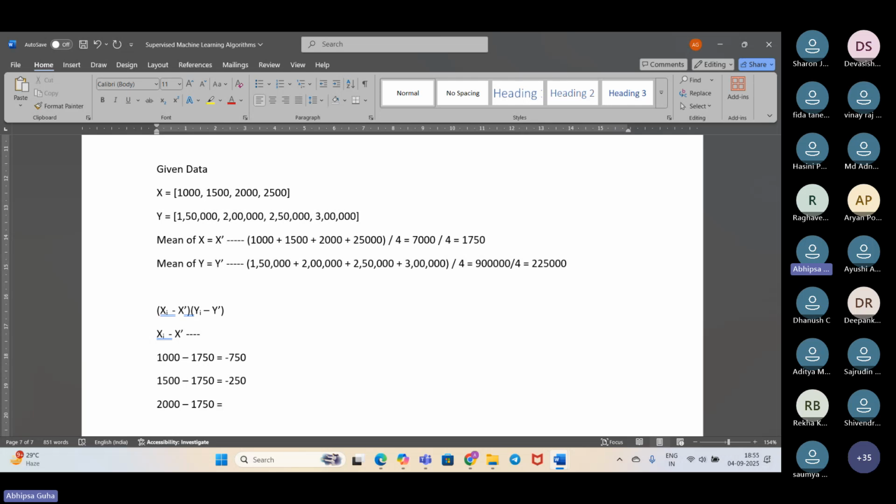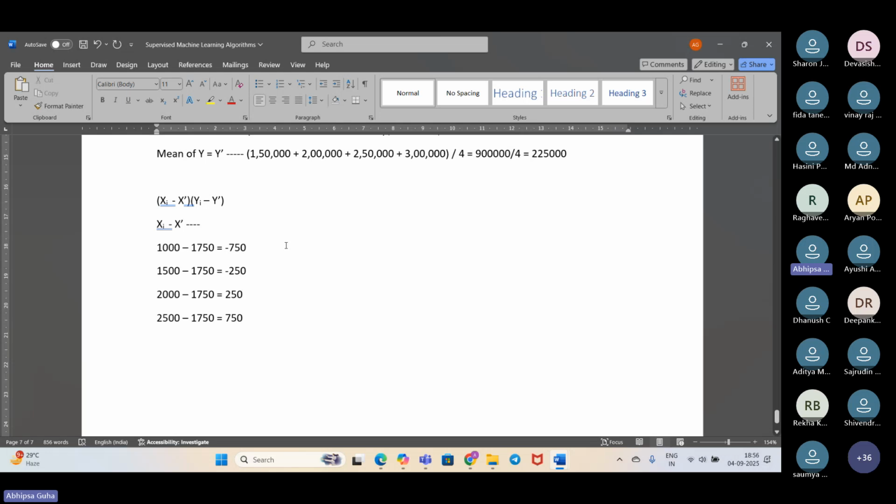We will get plus 750. Exactly. So this is how we have taken this value.